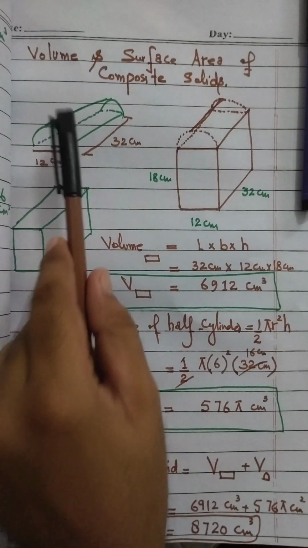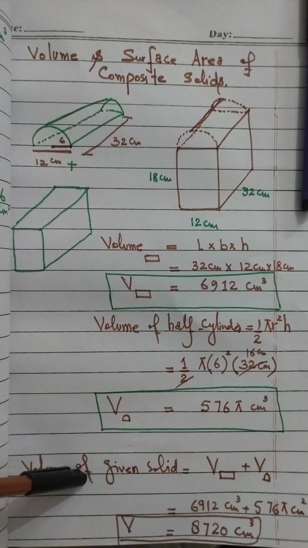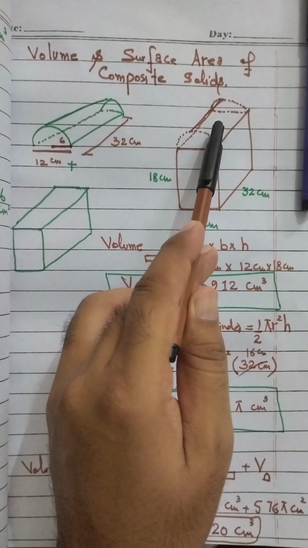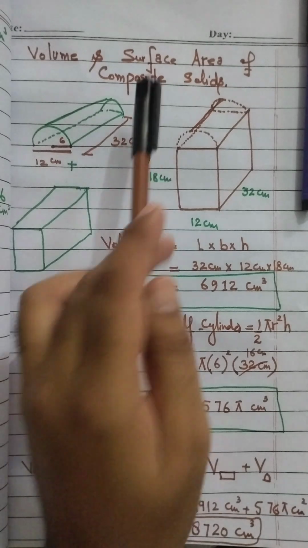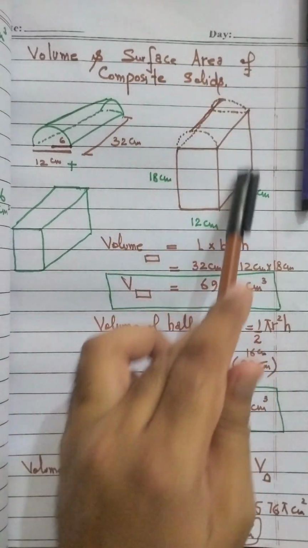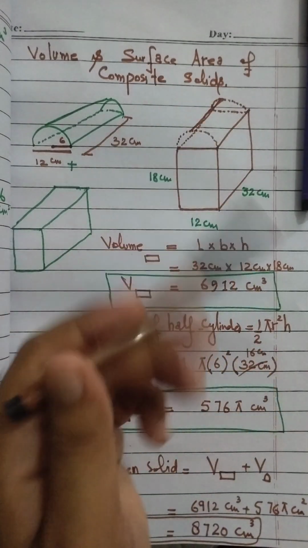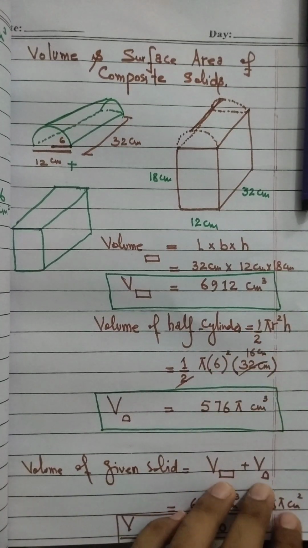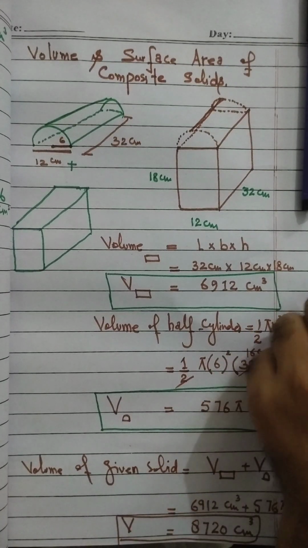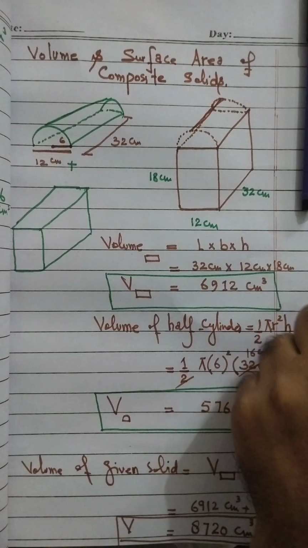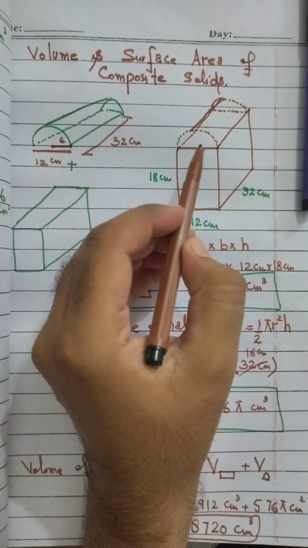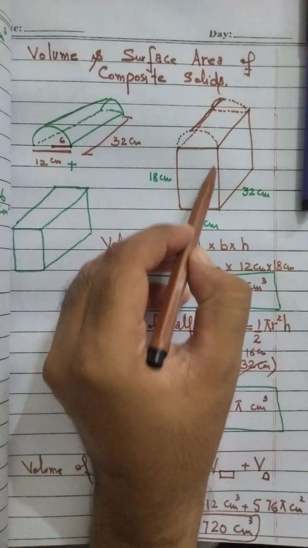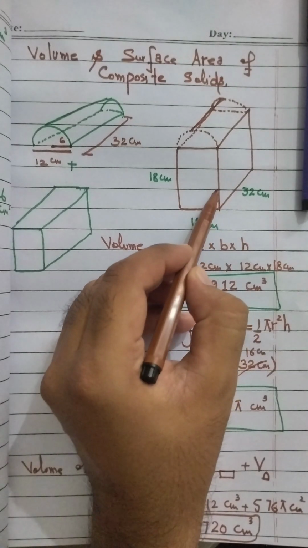In the first part we found the volume of the composite solid. Now we have to find the surface area of this composite solid. Okay, now look at this. How do we do that? For example, when we talk about the region A, the region A will be this portion.